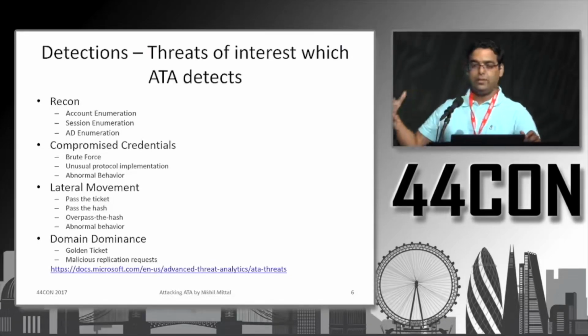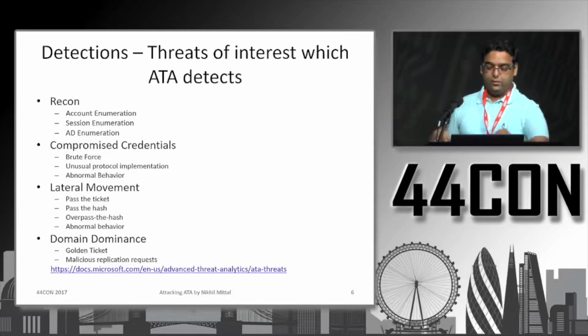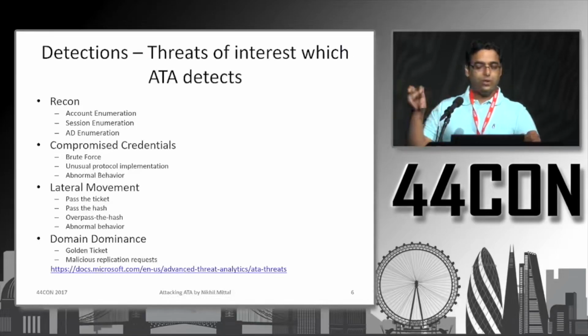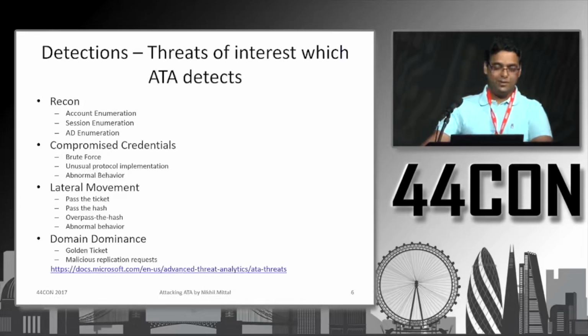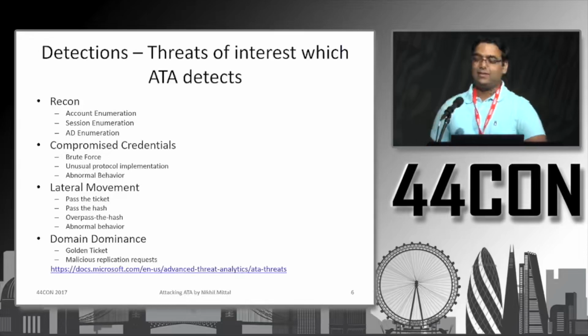Then comes domain dominance. I do not want to use that word right now, but in that cyber kill chain which Lockheed Martin made popular, the last thing comes from there, the domain dominance part, that is the domain persistence, which us mortals call persistence or maintaining access. Marketing buzzwords call it domain dominance.